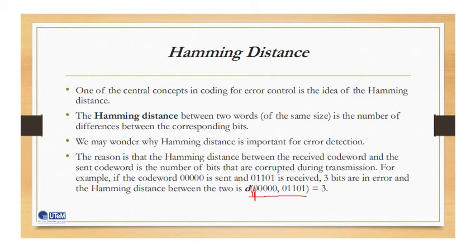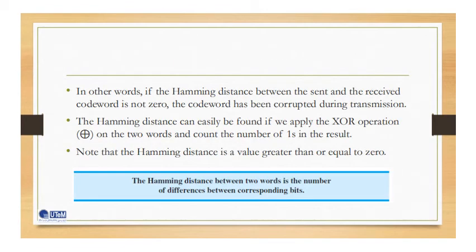The second bit is different, so 1. The third bit is different, 2. The fourth bit is similar. The fifth bit is different. So 3 differences, and the answer is 3. Or you can use the XOR operation, where you XOR the 2 words.